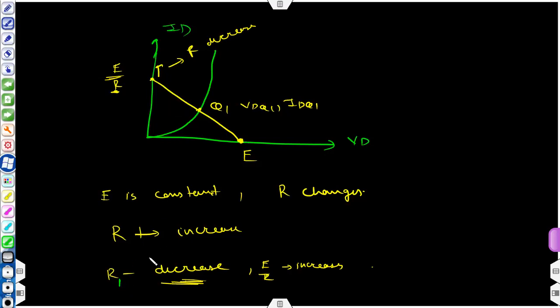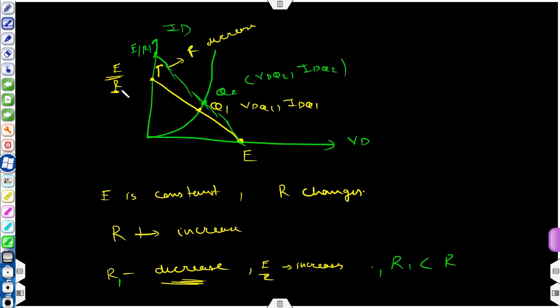You have R1 less than R. So this point will be E by R1. So the new curve will be something like this. First point here, second point here, just join these 2 points like this. And this will be the point Q2, where you will have VDQ2 comma IDQ2.